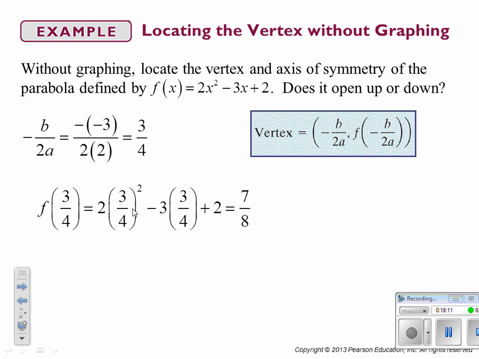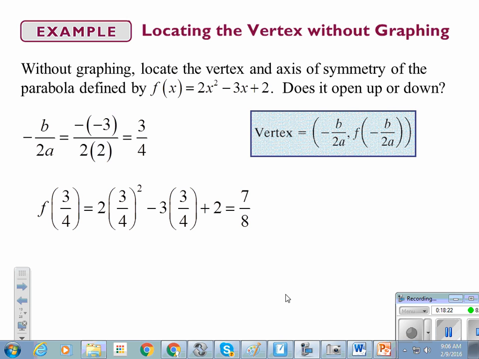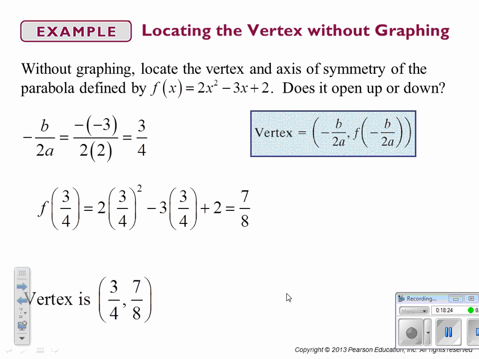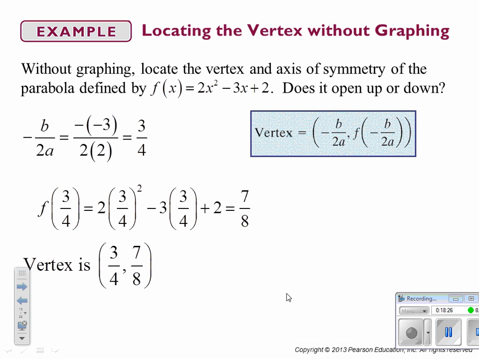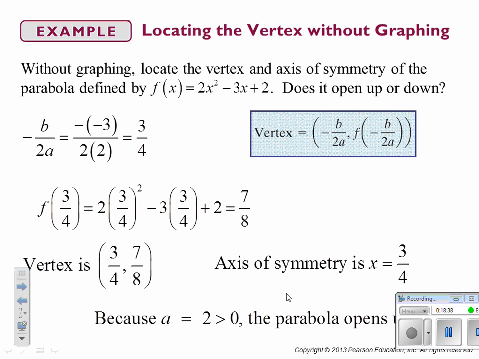When we find a common denominator, add, subtract, and add, we get 7/8. So the vertex is at 3/4, comma 7/8. Our axis of symmetry is at x equals 3/4, and we are opening up.